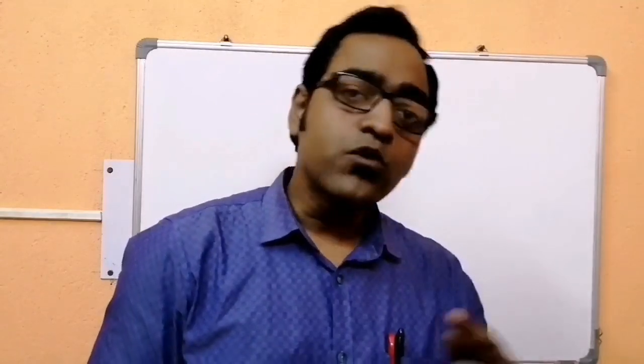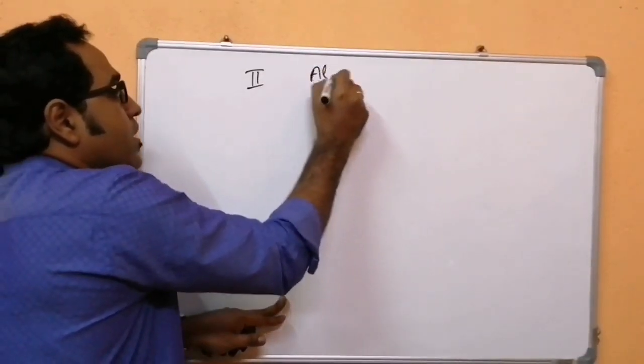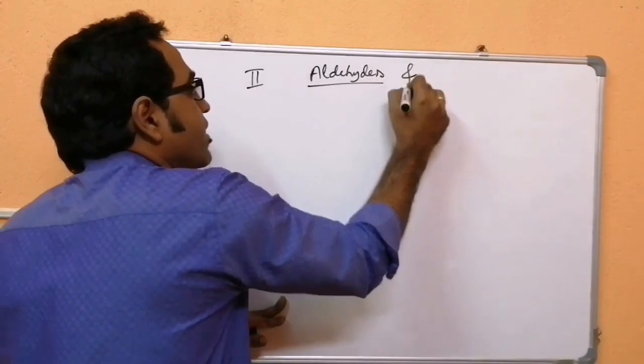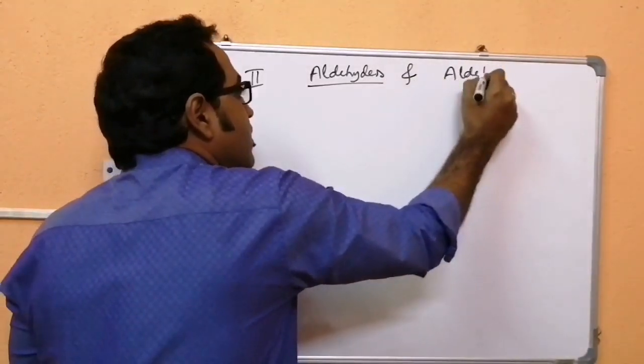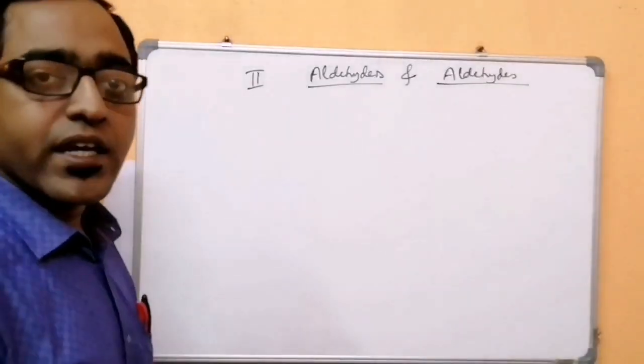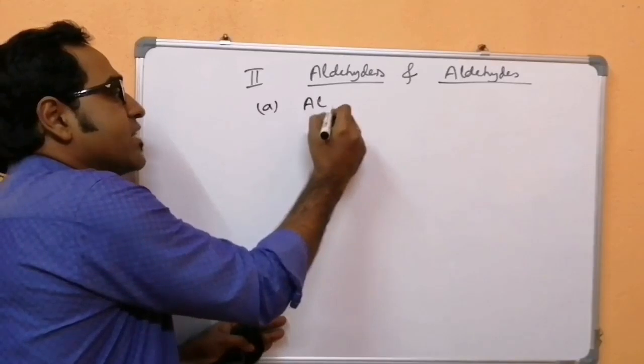So the next type is between 2 aldehydes. How to distinguish between 2 aldehydes? So type 2, aldehydes and aldehydes. Now under this type, there are again 2 parts. A, between aliphatic aldehydes.